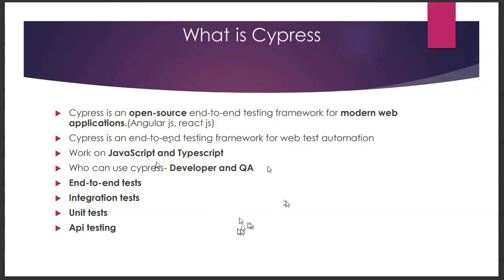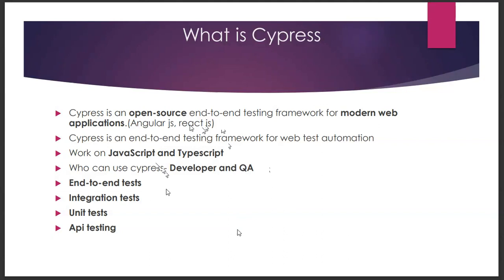And if I talk about its key pain points, Cypress addresses the key pain points developers and QA engineers face when testing modern applications. It means that the points which were faced during the testing of modern web applications were setting up tests, writing tests, running tests, and debugging tests.